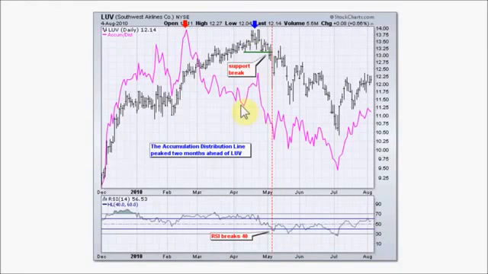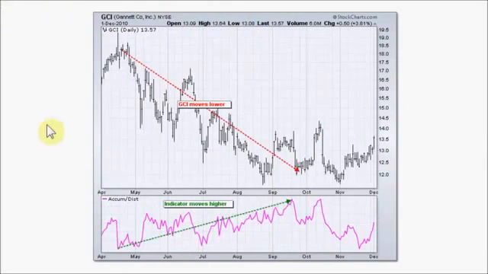But when it broke below this level of support, the AD line crashed, and that was the beginning of the breakdown of all of this support and the beginning of the decline in the stock price. So whenever you see AD starting down and the stock is going up, that is actually a sign of weakness to come.